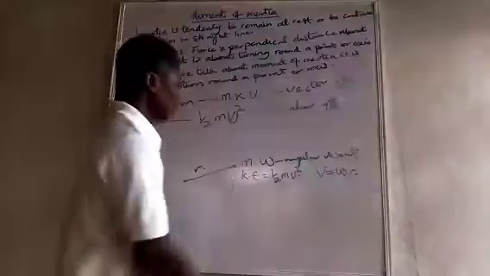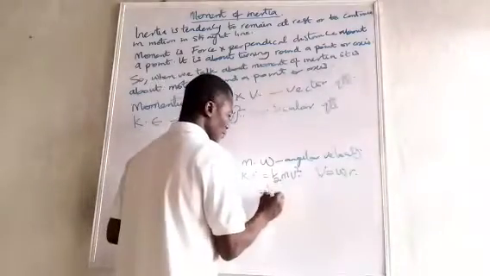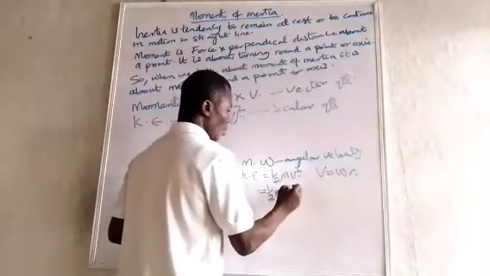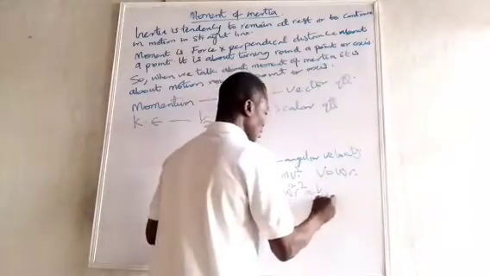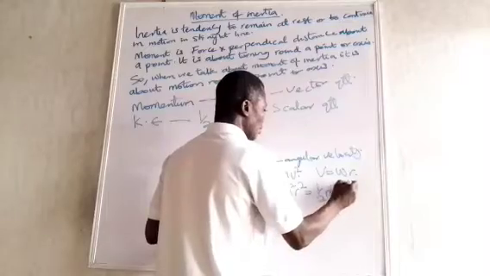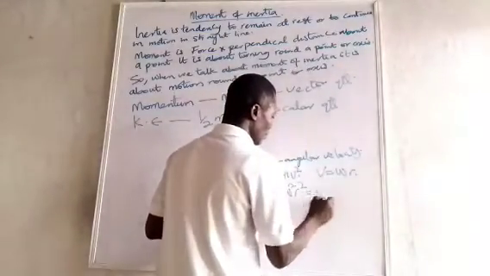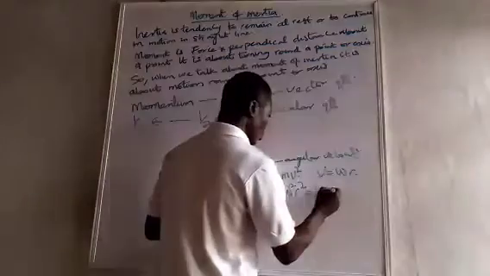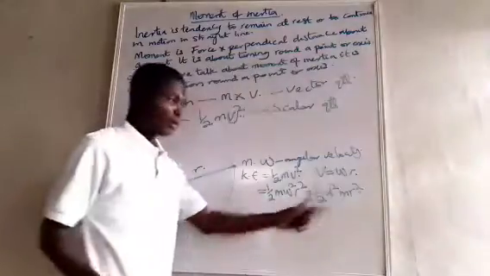So kinetic energy for this small particle is going to be half m omega squared r squared, which you can also write as half omega squared m r squared. You know why?